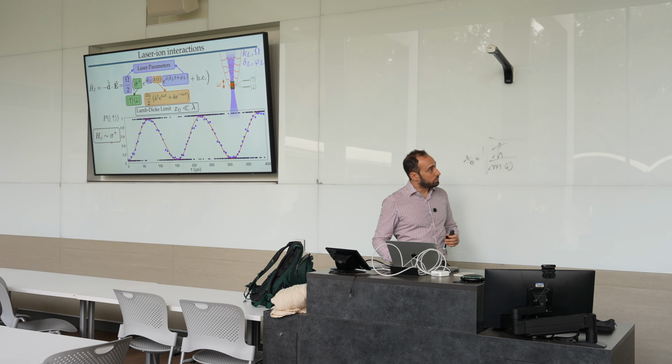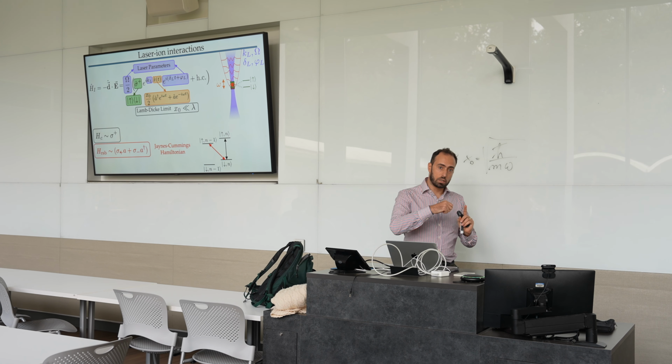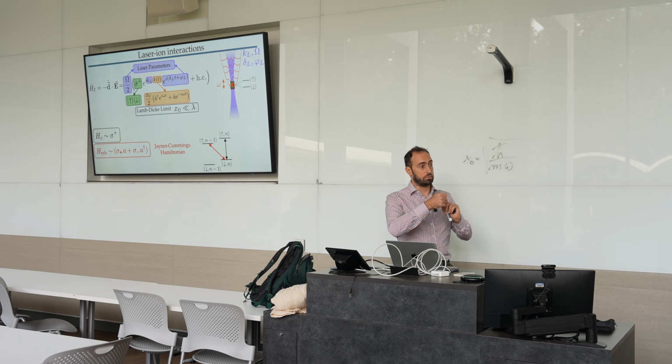So now what happens if you go to first order in this Hamiltonian? The first order term is actually a process where you trade one quantum of spin for one quantum of motion.